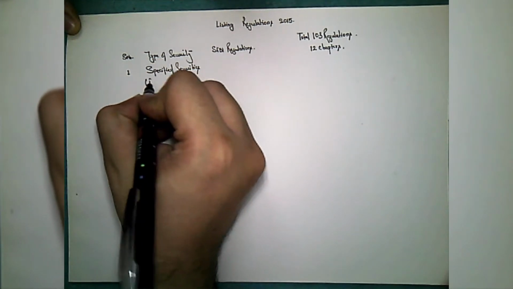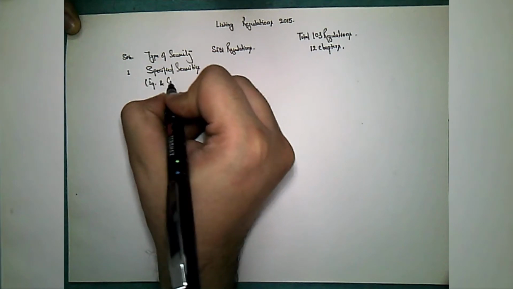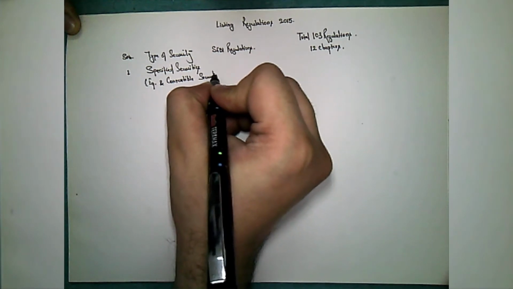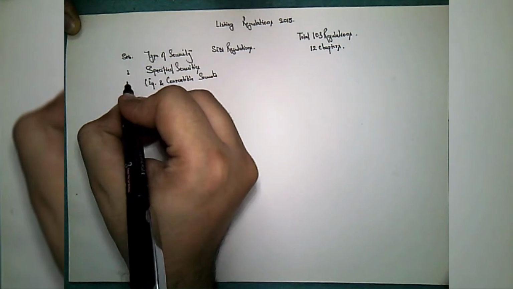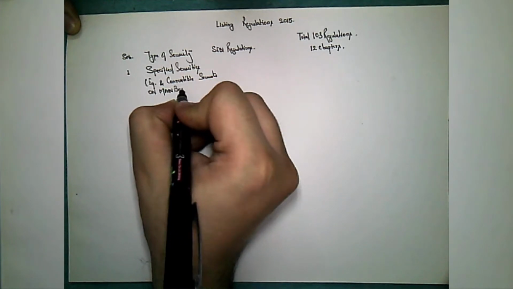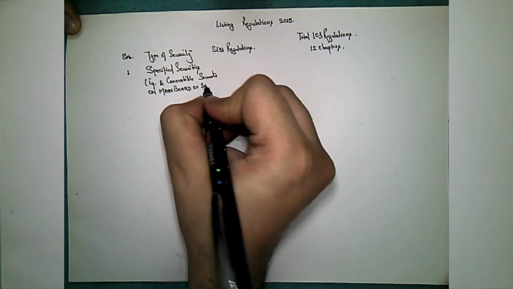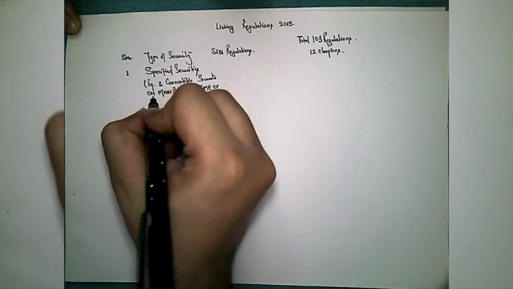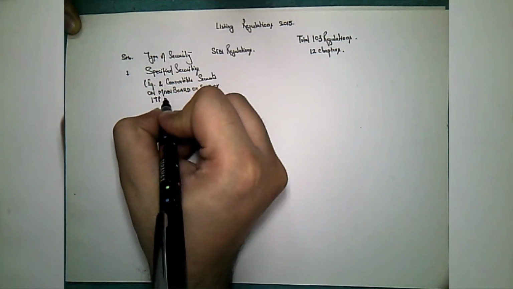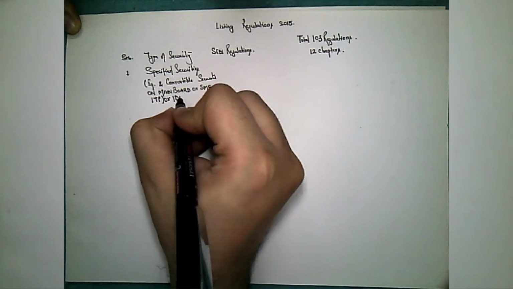It can possibly be equity and convertible securities on main board or SME or Indian depository receipts.